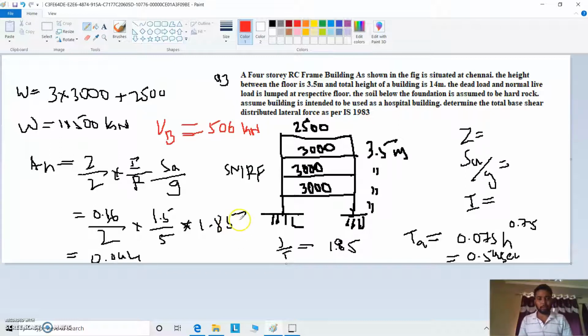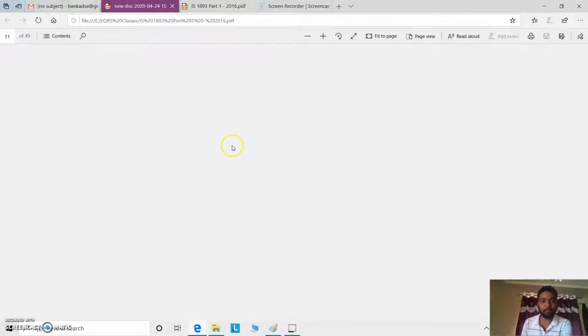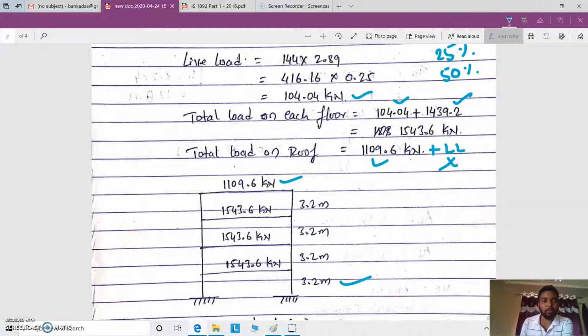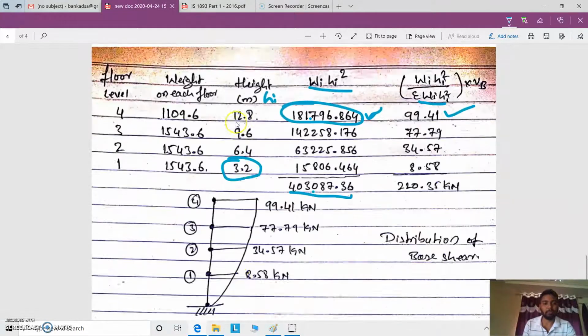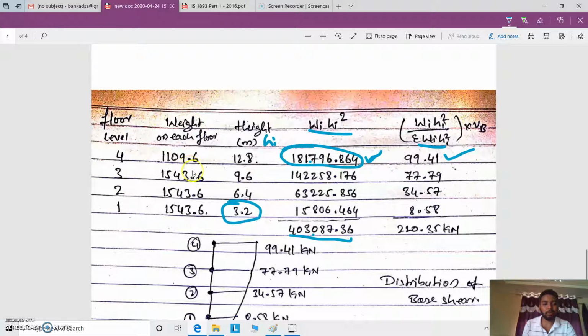Similarly, we need to calculate the distribution of this force to each of the floors. The same procedure is to be followed here, whatever we have done in the previous problem, right? So here the weight of each floor and height, and Wi hi squared, and Wi hi squared divided by the summation of Wi hi squared.